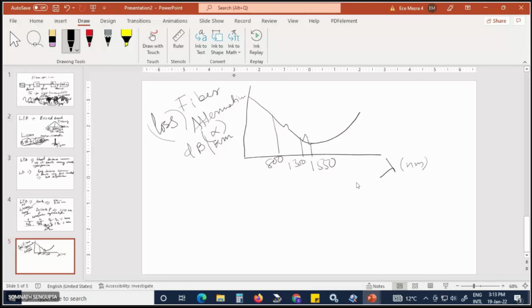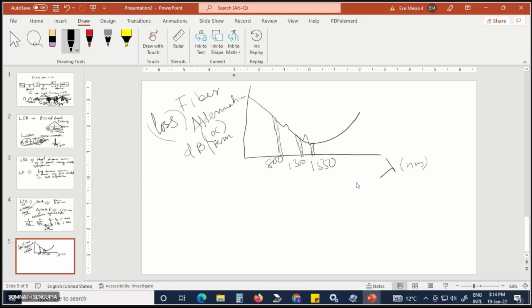Earlier this window was used for operation, later on this window, and lastly nowadays this window is used. This is the universal graph of silica fiber.